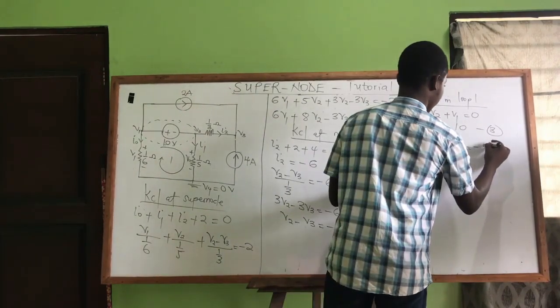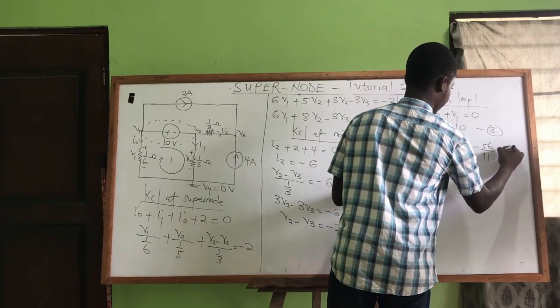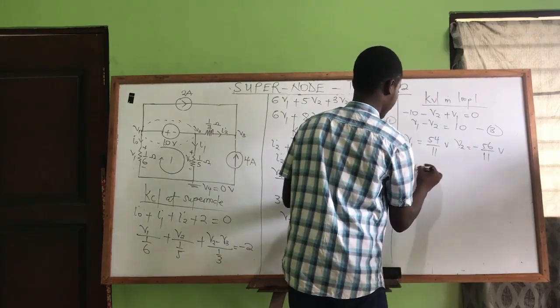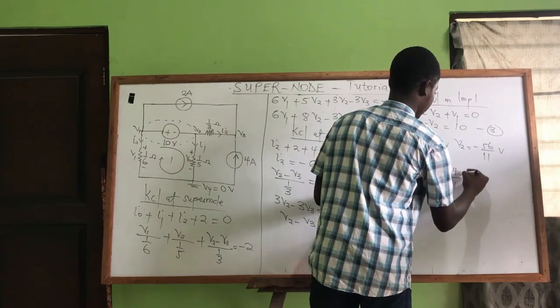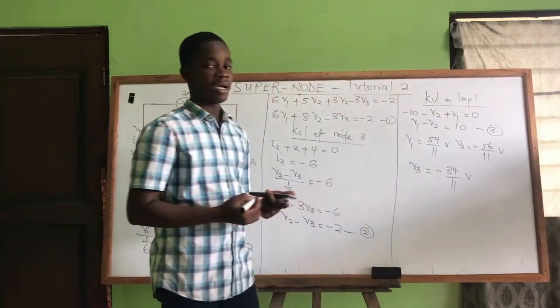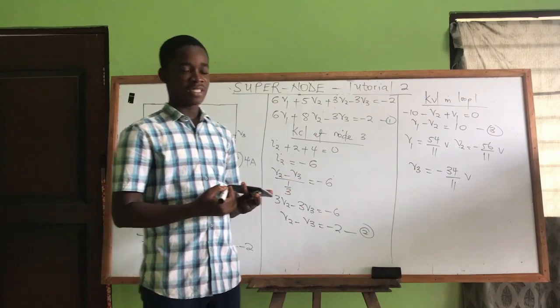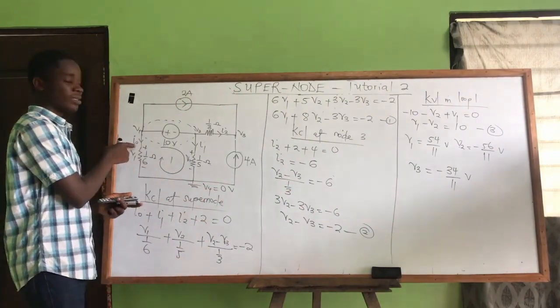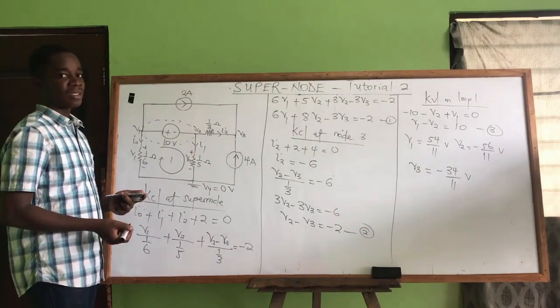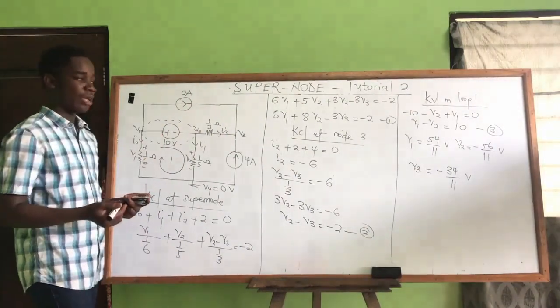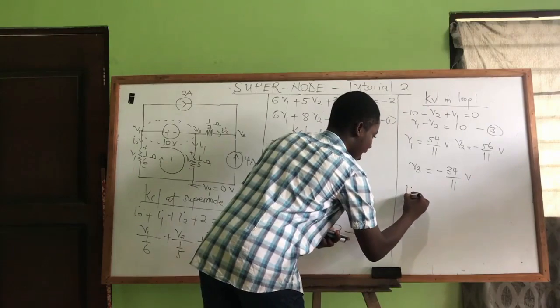So our values are V1 equals 54/11, V2 equals minus 56/11 volts, then V3 is equal to minus 34/11 volts. These are our node voltages. But the question is asking us to find current I0. They can also ask you to find the current in all the resistors, but let's focus only on I0.